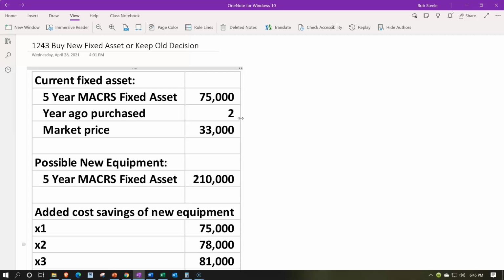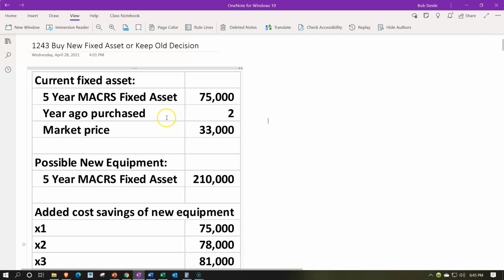So normally we wouldn't use that, but because that's basically applying the cost for tax purposes and therefore affecting taxes, which is a cash impact, we have to figure out what the depreciation will be and the impact on the taxes so that we can then do a good comparison, because the taxes will be relevant costs we need to consider. So let's first think about the old piece of equipment that we have.